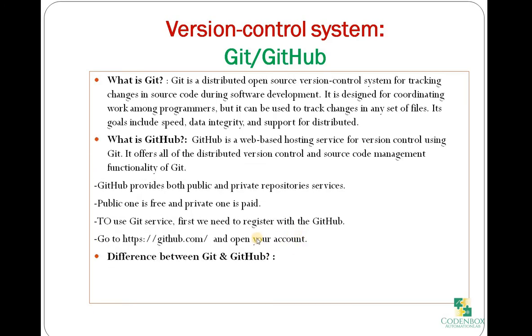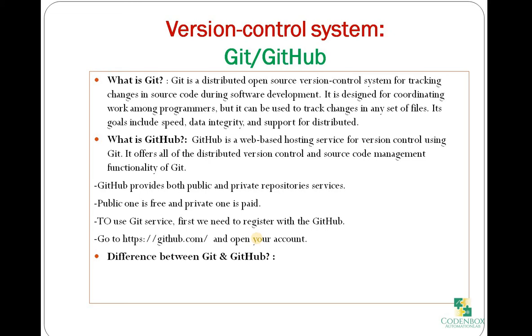GitHub is a web-based hosting service for version control using Git. It offers all of the distributed version control and source code management functionality of Git. GitHub provides both public and private repository services, so it has two versions.